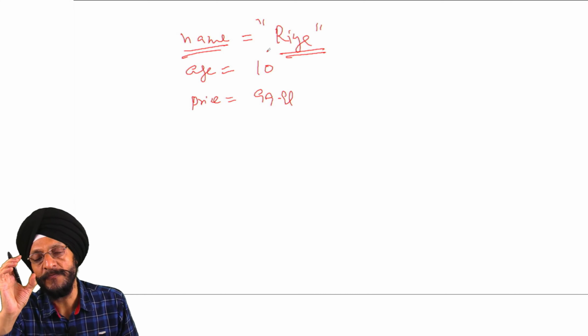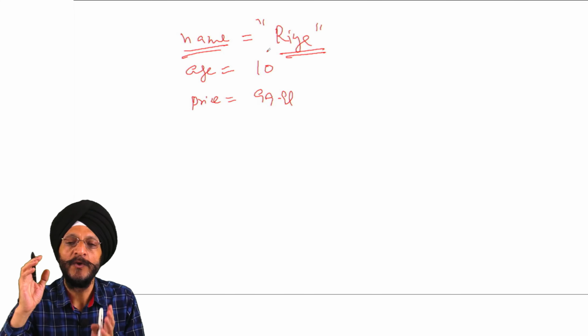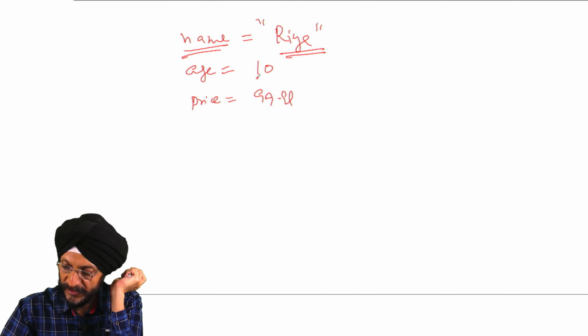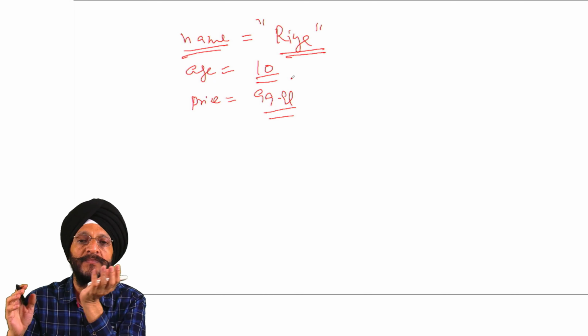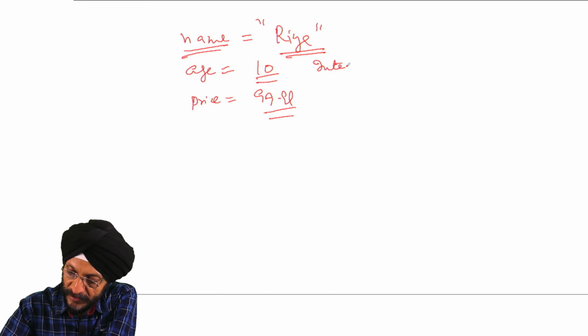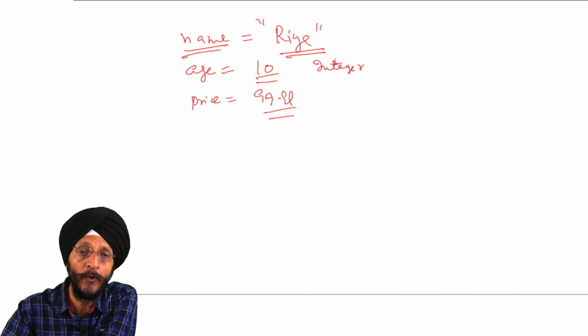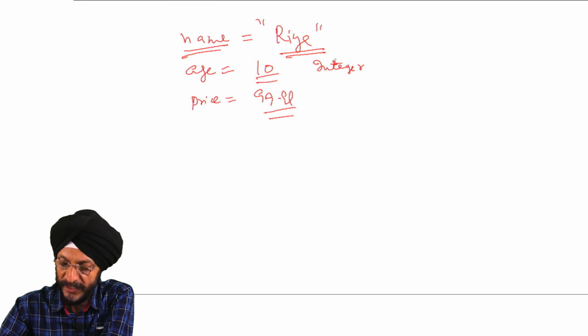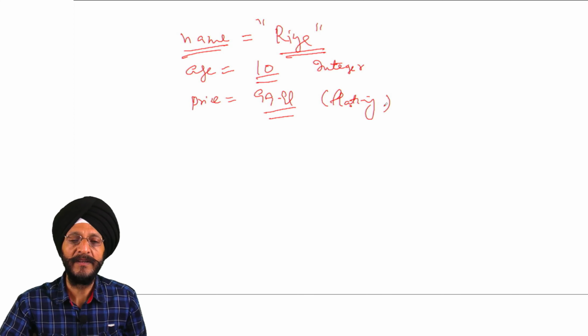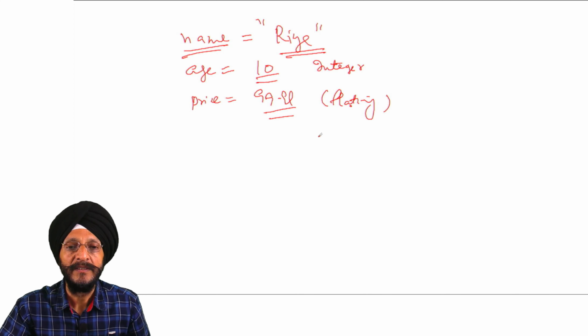String means words or a sentence or a combination of words. Here 10 and 1999 are numbers. Here it is an integer value, that is, a whole number, and this is a floating value. In this there is a decimal point.